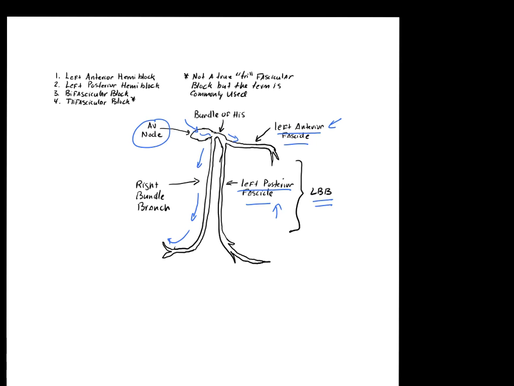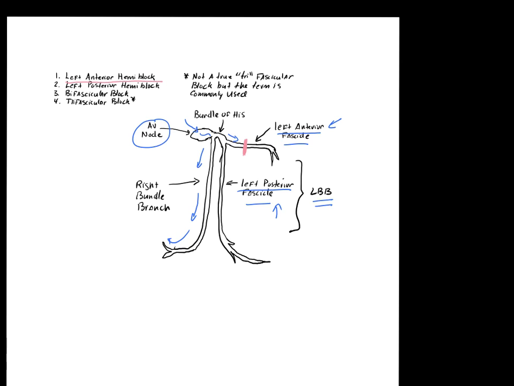I can have a block of the left anterior fascicle, and if I just block the left anterior fascicle only, and the left posterior and the right bundle branch are okay, that would just give us something known as a left anterior hemiblock, or a left anterior fascicular hemiblock.